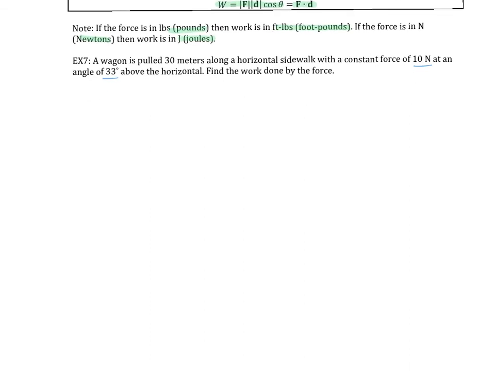So everything's given. The work is going to be equal to the magnitude of our force vector times the magnitude of the displacement times cosine of theta.